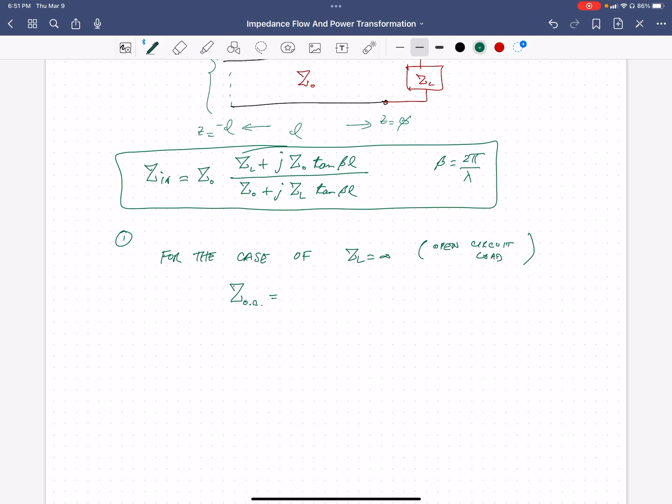I'm going to plug in ZL equal to infinity, put infinity and infinity in here and look at the ratio, and you end up with minus J Z sub 0 over tangent of beta L.